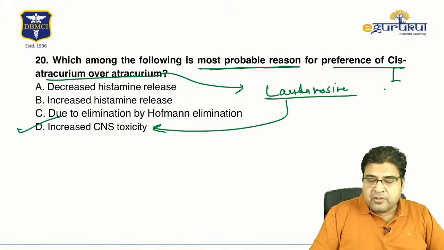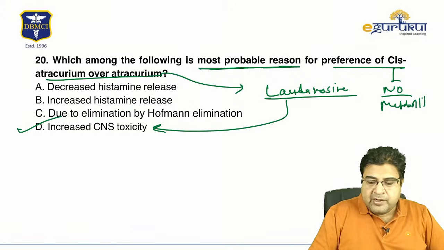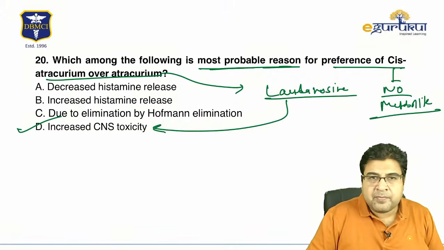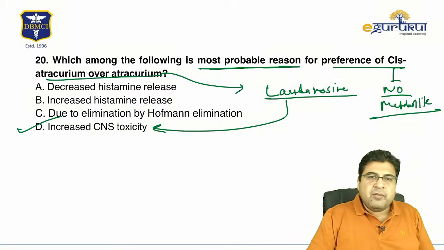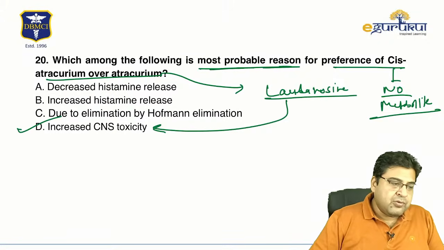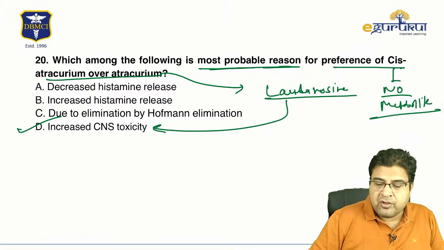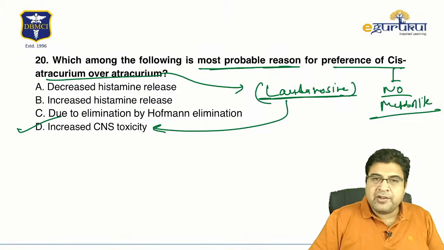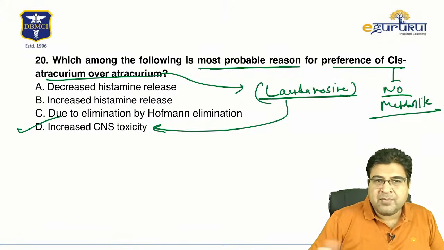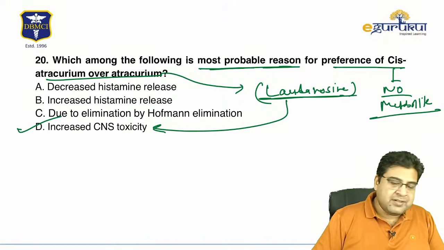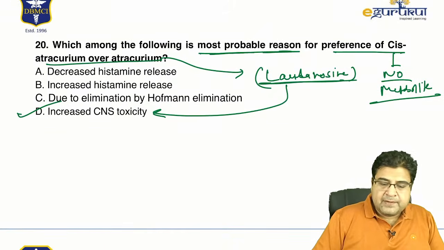Cis atracurium will not form this type of metabolite. That's why we prefer cis atracurium over atracurium, because atracurium results in formation of a toxic metabolite. We call it laudanosine. So answer is D, increased CNS toxicity.